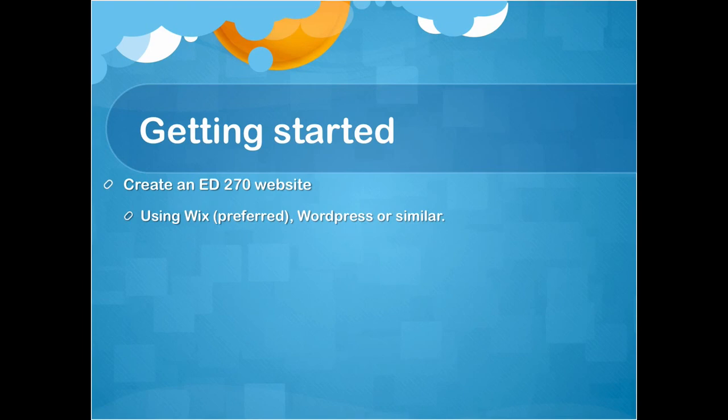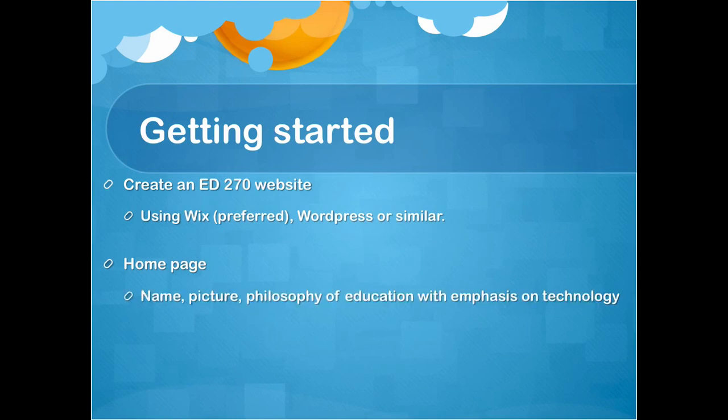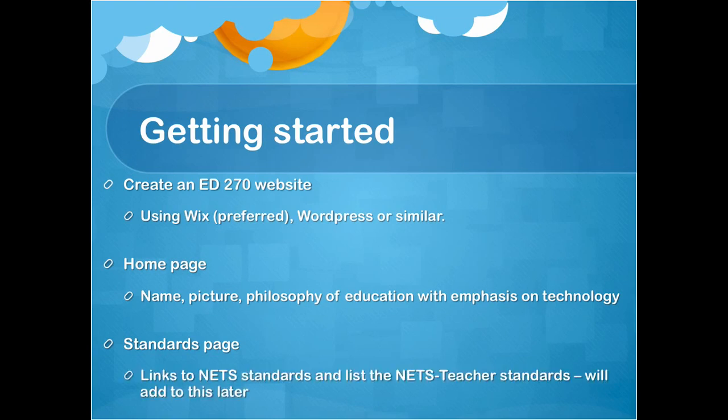Once you find one you like, you'll want to create an account and then create a website. You're going to want a homepage with your name, your picture, and then your philosophy of education with an emphasis on technology. Then you're going to want to create a standards page. On this standards page, you're going to want to put a link to the NETS standards from ISTE, and I'll post a link to those on the Moodle site.